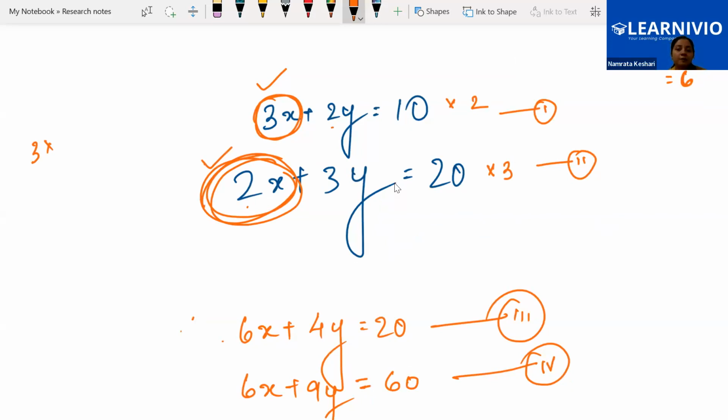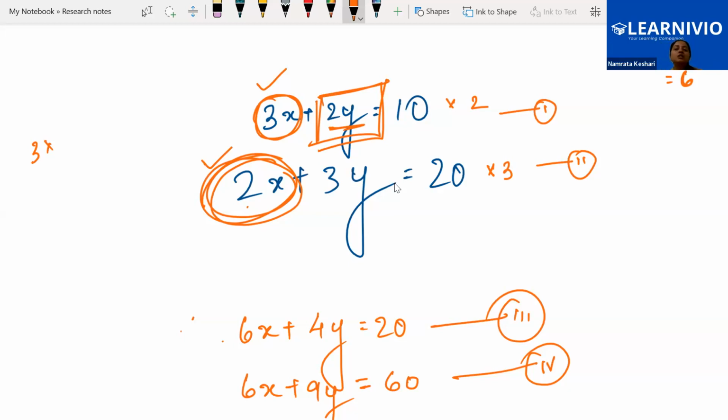Let's check for y. The same thing we have to do. Multiplying anything with this 2y to make it 3y is not possible. So we have chosen to make the x coefficient the same. You can also make the y coefficient the same and start with that.